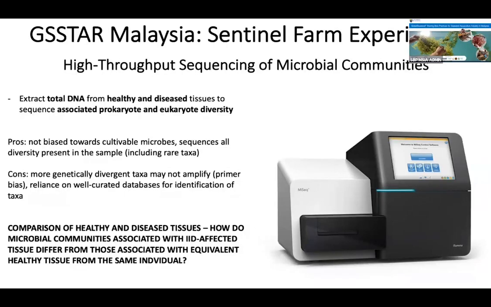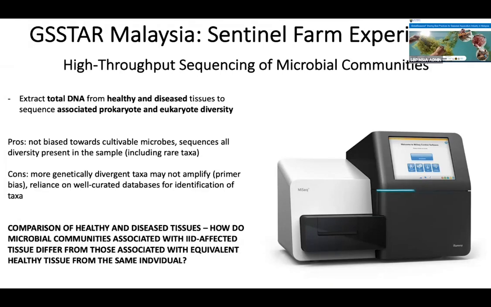We used amplicon-based methods, which involve amplifying a short barcode region. This was a short section of the 16S ribosomal RNA gene for prokaryotes and the 18S gene for eukaryotes. And these are then classified against databases to identify the taxa present in the samples.